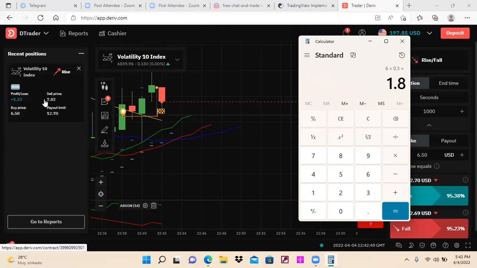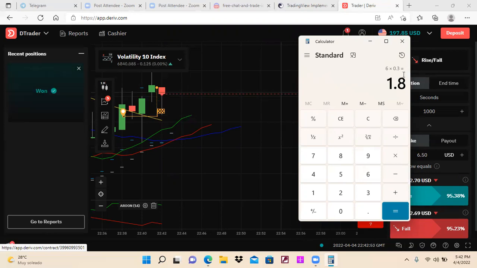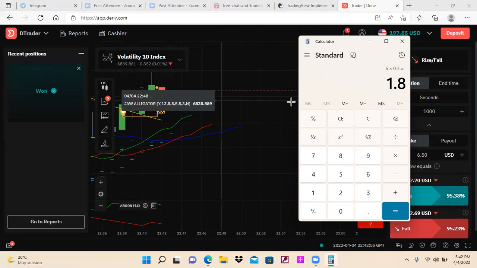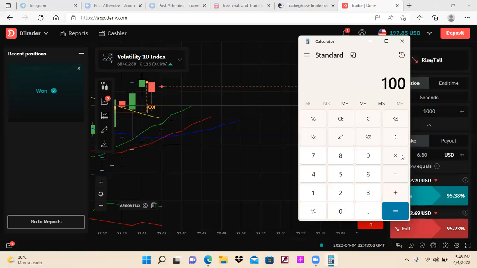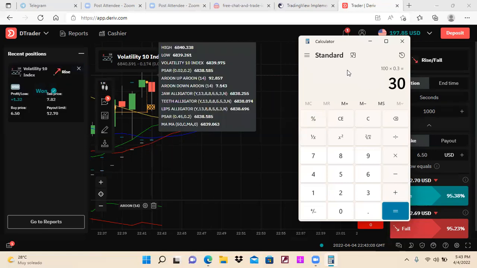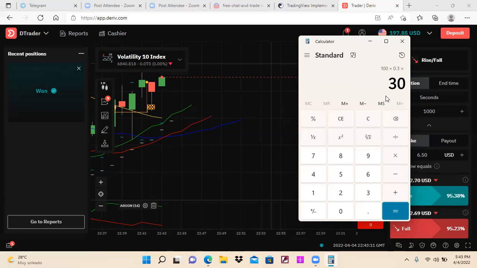So our $6 that we started out with, we made 30% profit, right? Imagine if we had more money to play with, such as $100 on each trade, $100 times 30% would easily make $30. And you can see it wasn't long. We can do this every single day, right?